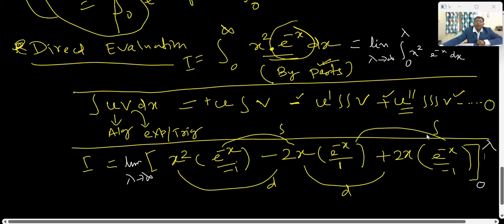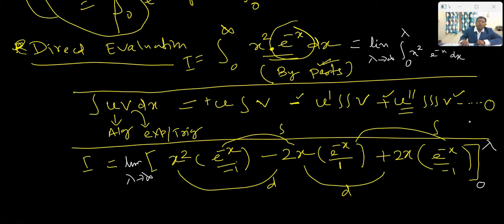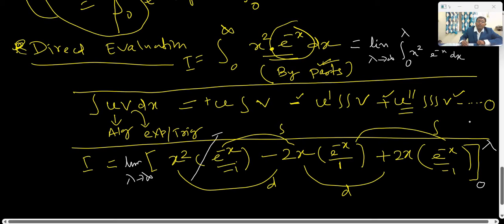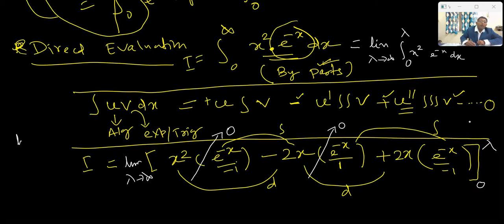So what will happen here now? You know, e to the power minus infinity is 0, right? Anyway, this term will come to 0. This term will also come to 0 because e to the power minus lambda as lambda tends to infinity is 0. So this lambda will not work here.